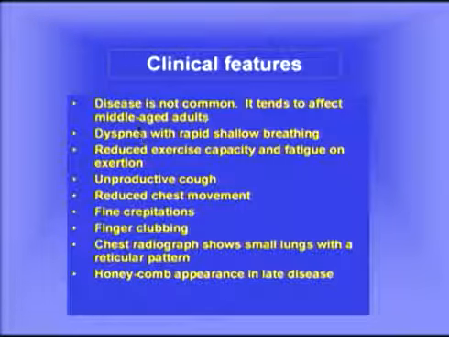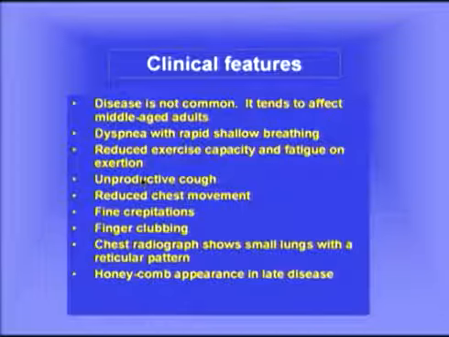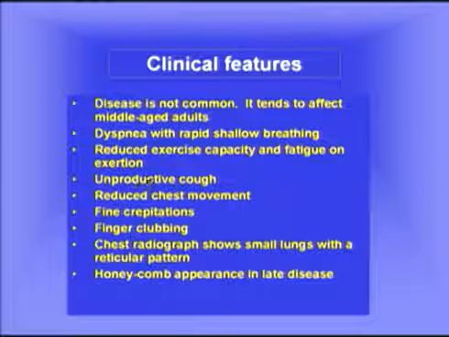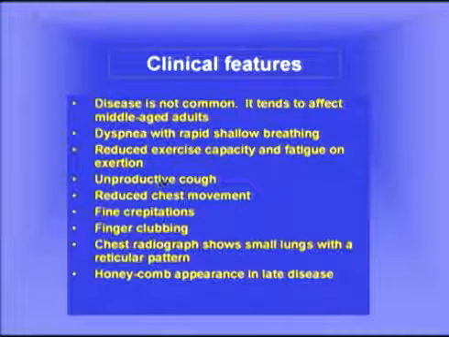He may have a dry cough, an unproductive cough. Now, sputum is not seen in this disease. If he has a cough with sputum, he's probably got bronchitis as well. But usually with this disease, it's an unproductive dry cough, but it can be a nuisance.